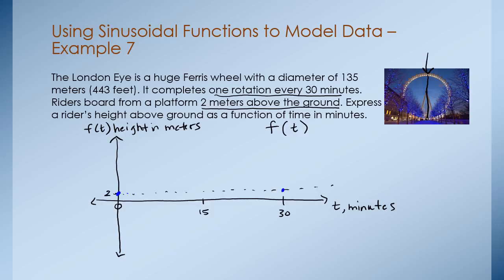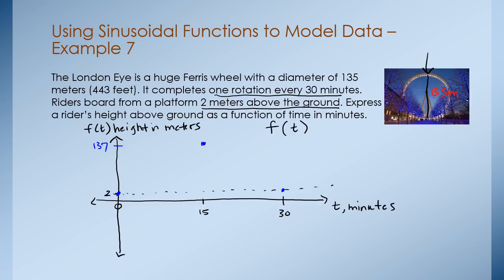If this is 135 meters, then how high off the ground am I? I would be the 135 meters that's the diameter of the Ferris wheel plus the 2 meters off the ground. And so I think that at 15 minutes, I would be up at 137 meters. Make sure that makes sense to you.